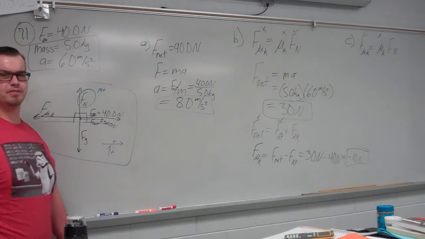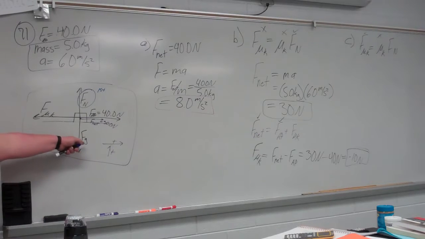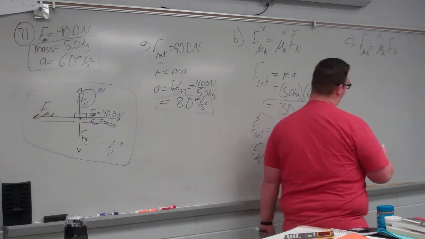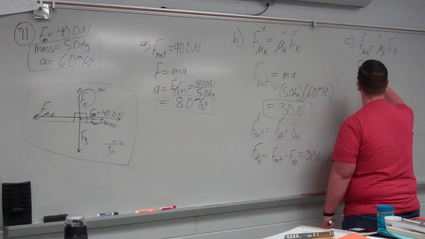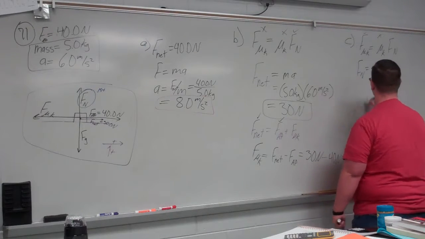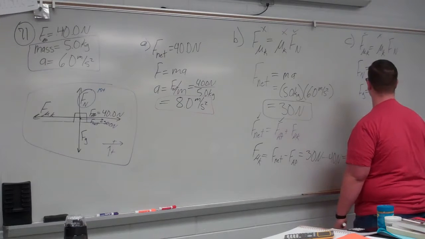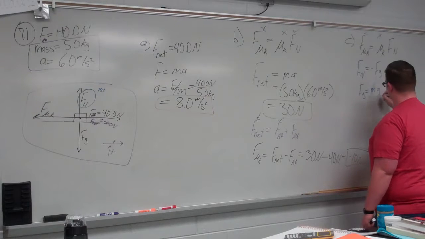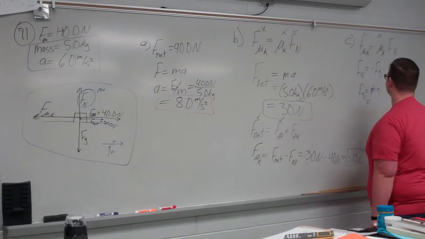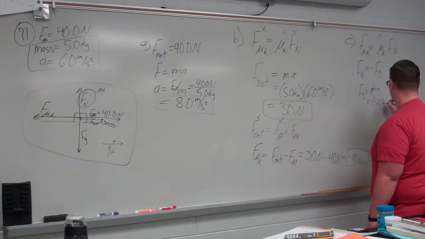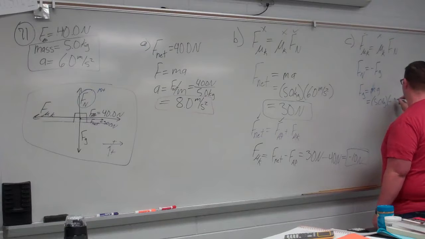To get that, it's just the opposite of weight, which is the force of gravity. Normal force is equal to the opposite of force of gravity. So, force of gravity will be equal to mass times gravity. In this case, my mass is 5.0 kilograms times gravity, which is negative 9.81 meters per second squared.